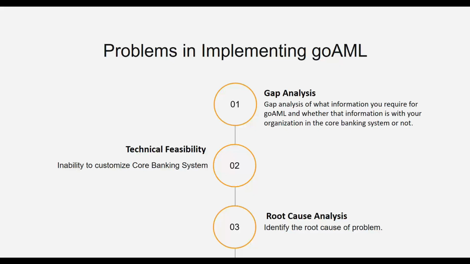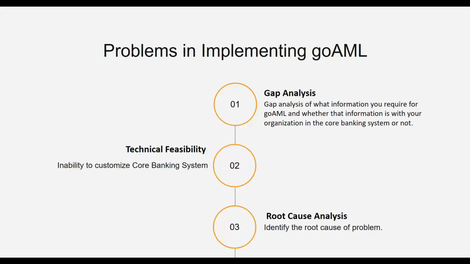Root cause analysis. If you are suffering from any instance of incomplete or inaccurate KYC data in goAML, then there is a problem with your frontline staff. It means either they are not educated or they don't know how to identify, collect, and input data from KYC documents or transaction vouchers into the system, or in some cases, maybe just negligent.